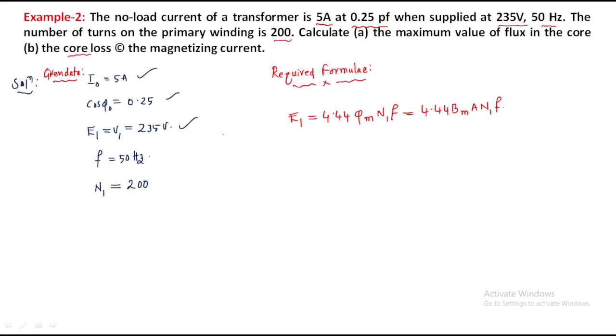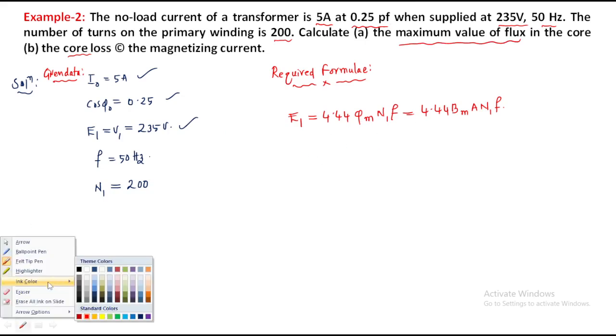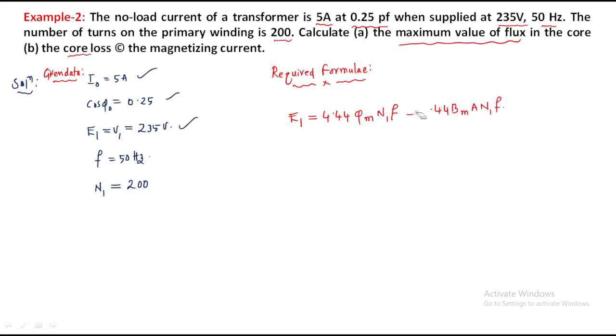He wants only the maximum flux in the transformer. So from this, phi m should be equal to E1 by 4.44 N1 into F, clear.